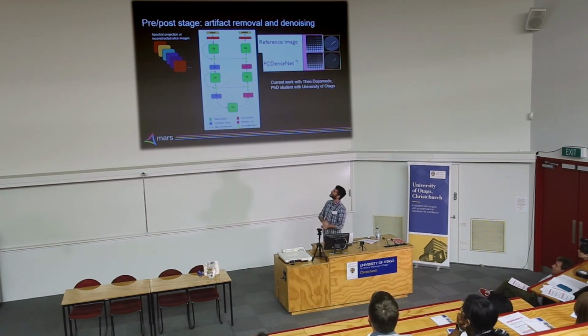Sorry, I can't point here. Taking the input, passing it through multiple layers to extract features that are relevant to the latent representation of the object, and then reconstructing it, hopefully without the noise, and then comparing that result to the original input.